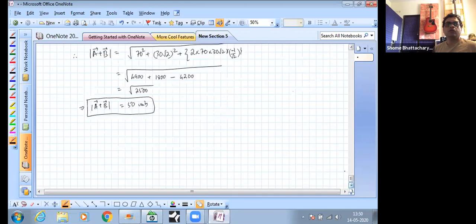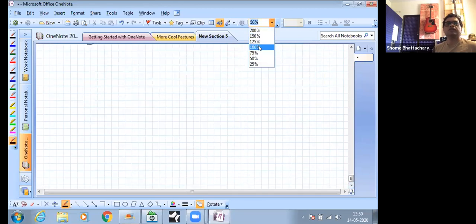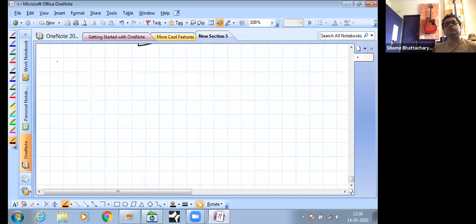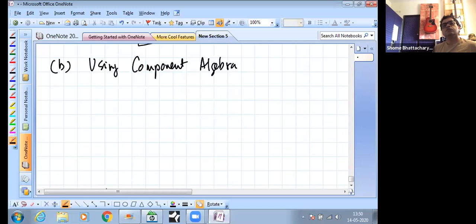Okay. All right, now let us also see how to do this by the component method. So B part, using component algebra. So for that, first of all, I will have to convert the given information into component based information.